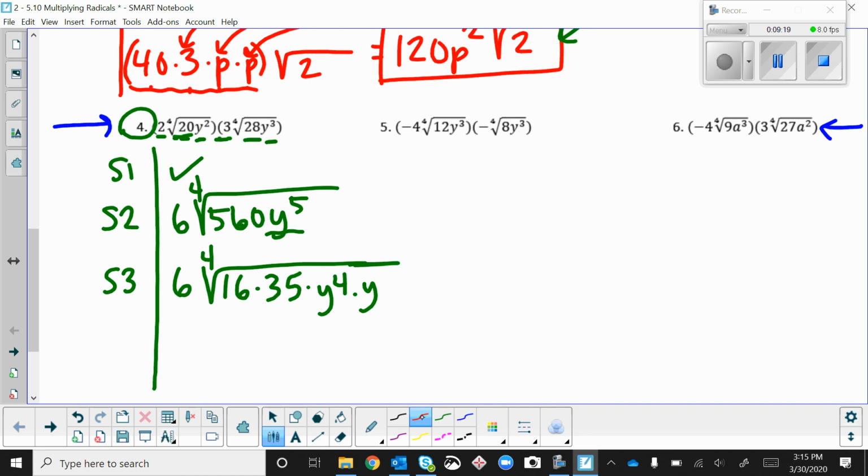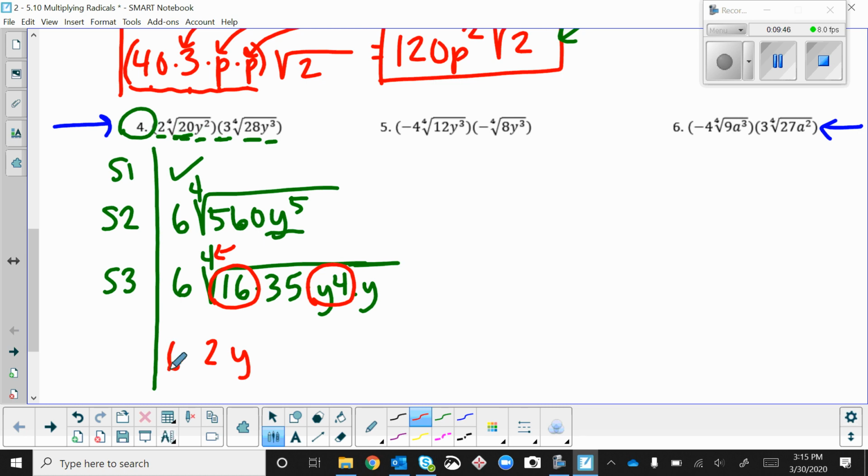And so then here's how you simplify. The 4th root of 16 is 2. So 4th root of 16 simplifies to 2. The 4th root of y to the 4 simplifies as y. And then you still have the 6 on the outside.